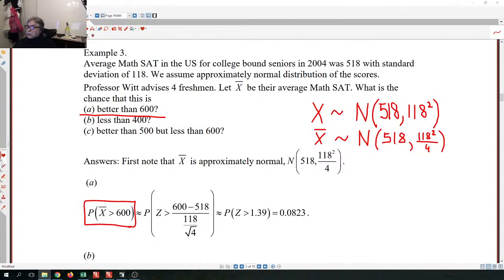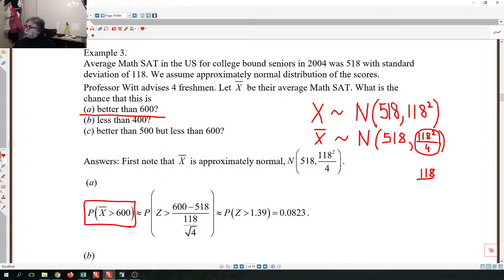So we know that this is done by subtracting the mean, 518, and dividing by the standard deviation. The standard deviation ought to be found by taking the radical of the variance. But we already know this is radical 118 squared on the top and radical 4 on the bottom, which is 2.